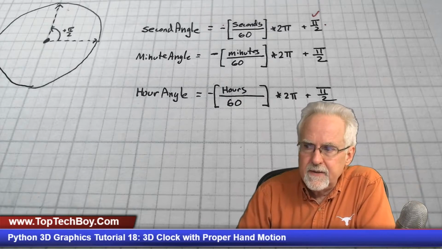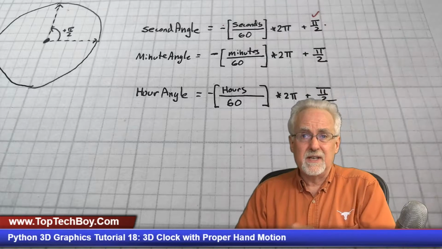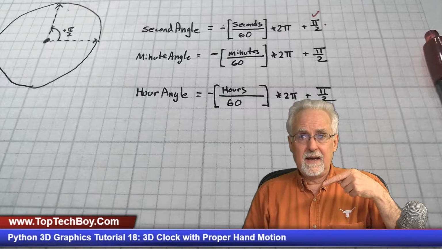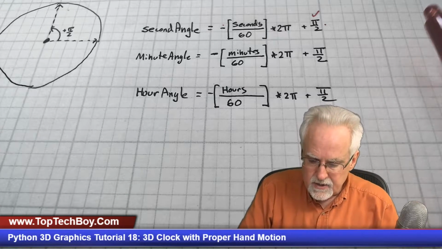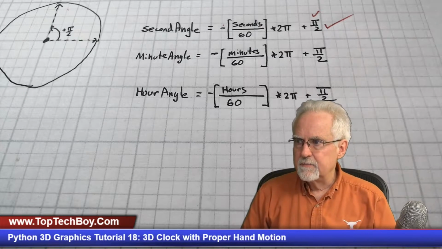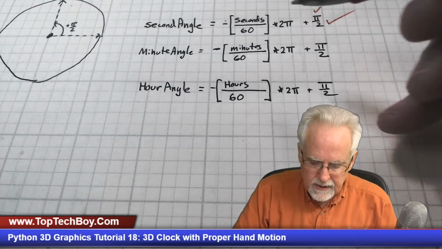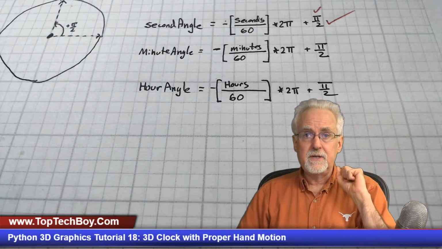Okay, now to make this thing work proportionally, there's really nothing we can do with seconds because we just read in seconds. And if you look at the second hand on a clock, it does click in 1 second increments. So this is going to stay the way it is because that is the way a clock works. But if we look at minutes, we read the minutes from the system.